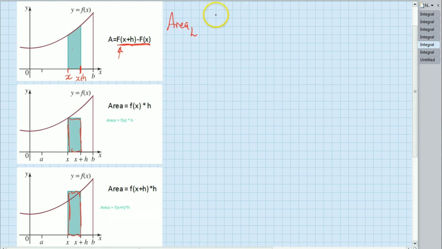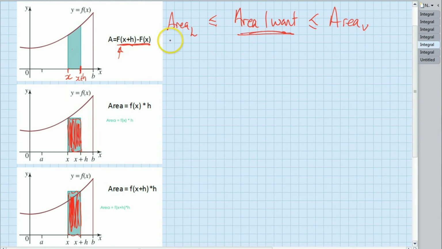So I know that the area that I want lies somewhere between the area of this smaller rectangle, which is obviously smaller, and the area of the upper rectangle, which is obviously larger.